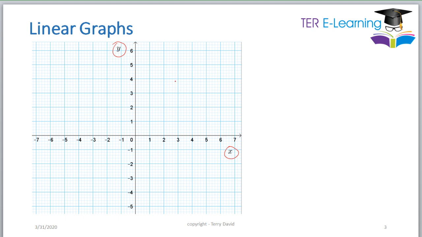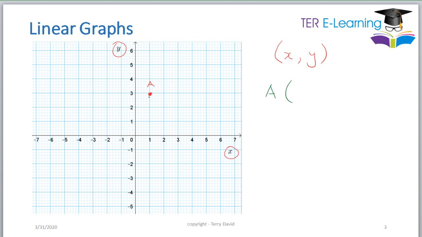Now, any point on the Cartesian plane, we usually represent it using two values. We have an x value and we have a y value, right? So for example, at this point here, let's say this point is A, and I were to write the coordinates of the point A. The coordinates of A is going to have an x value and a y value.